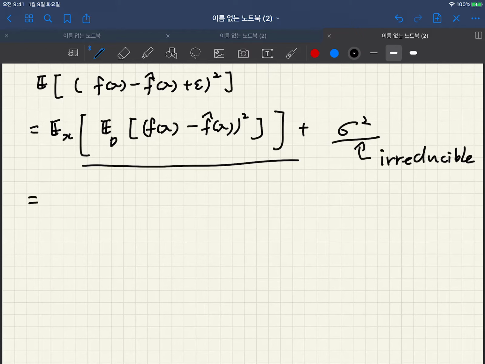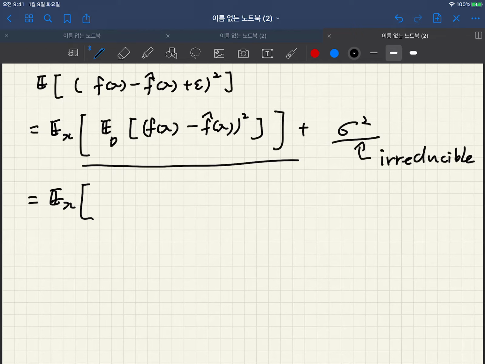We can also decompose the reducible error into two different parts, bias error and variance error. So how can we decompose?